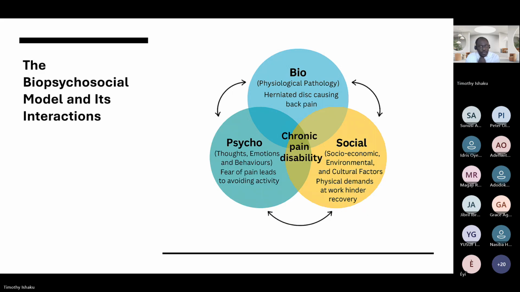An example is a patient with chronic pain. So we said the biological bit is the herniated disc, somebody with a disc problem in the back. And then the psychological part will be a patient with chronic back pain. Of course, they will likely avoid pain. They will avoid movement because they are in pain. They won't like to move.